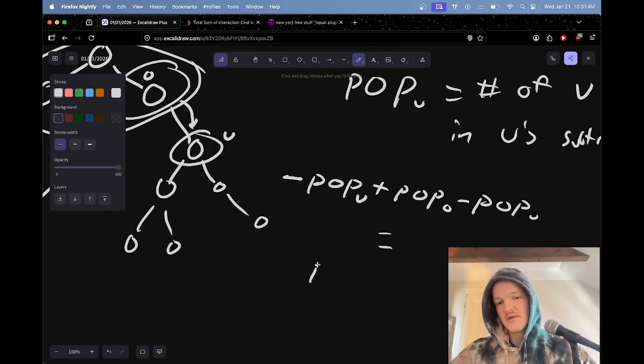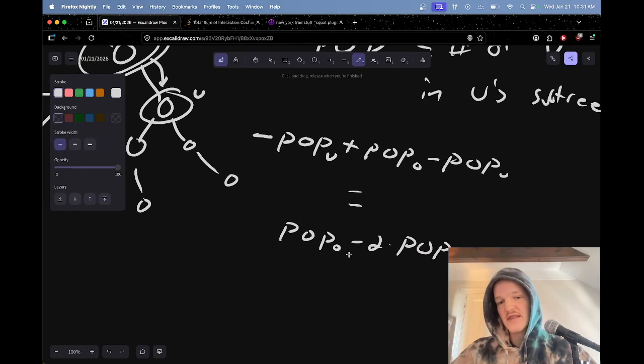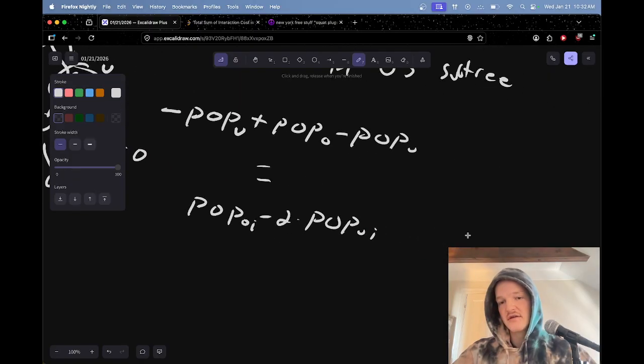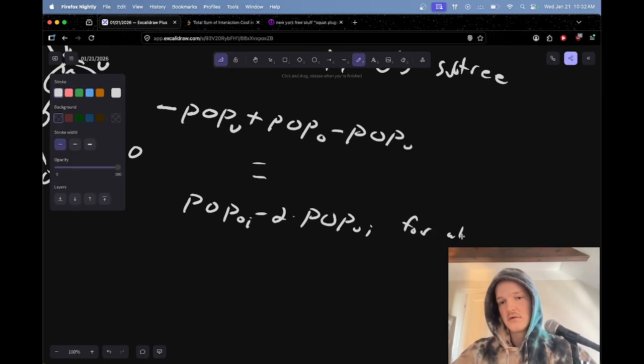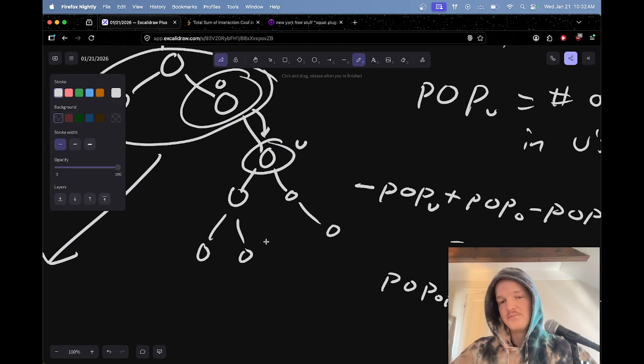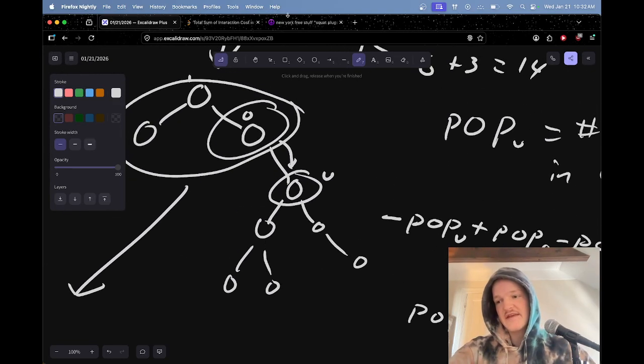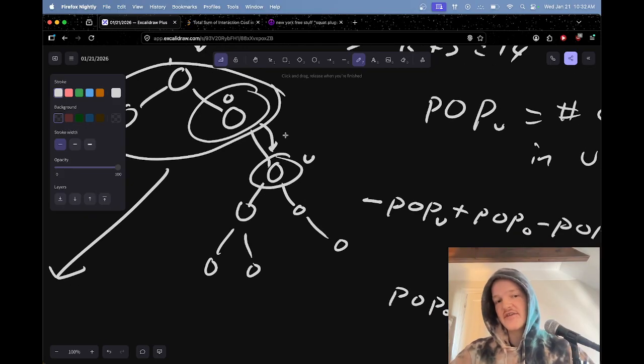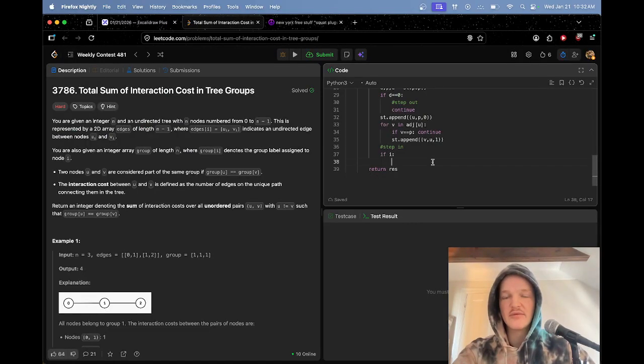So this is just going to wind up being population at 0 minus 2 times population at u. And then we're doing that for every single I, right? That's kind of the twist with this problem. And that's the amount that the distance to everything is changing when we step in. And then when we step out, it's just going to be the opposite of that.